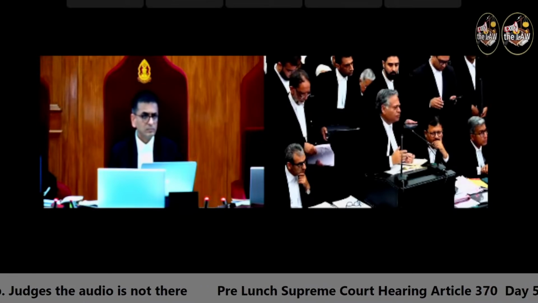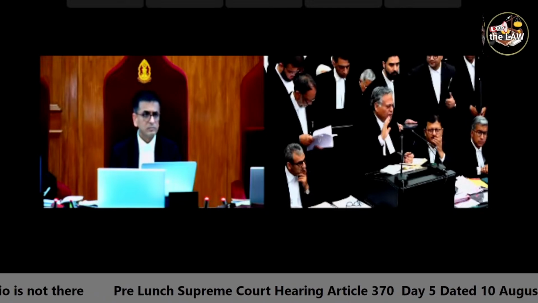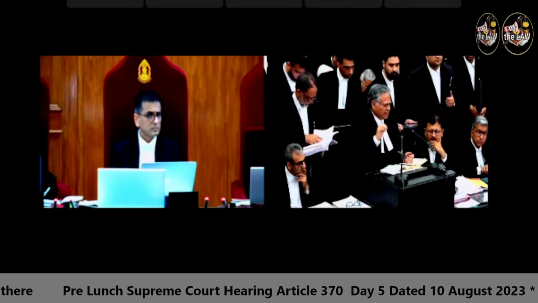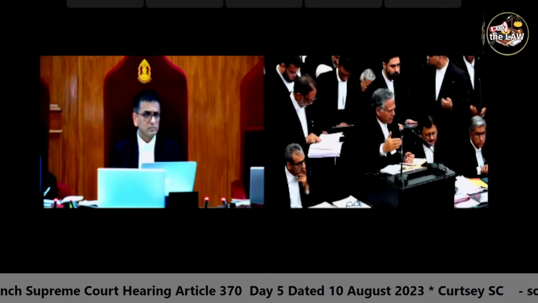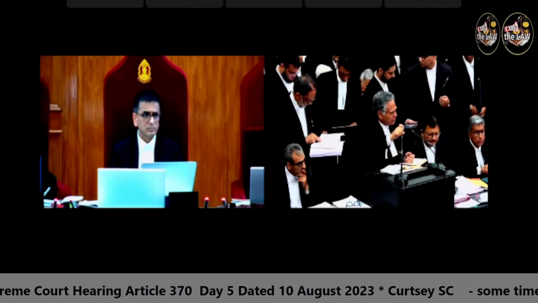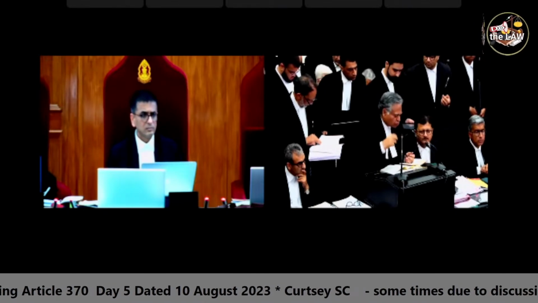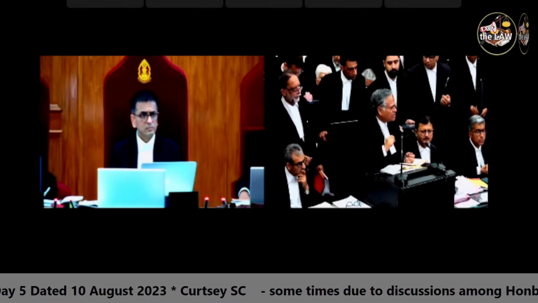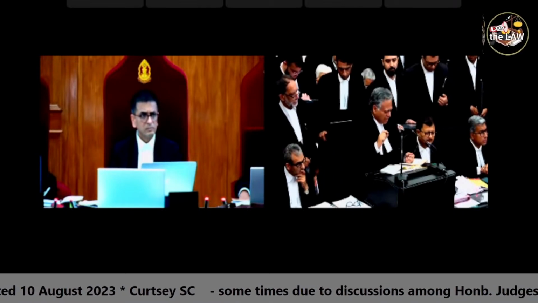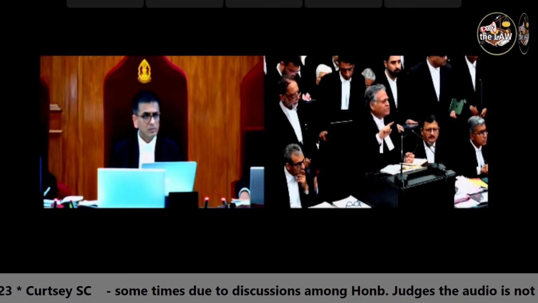The example which my lords gave was that there could be constitutional provisions with regard to other state legislatures, that Parliament cannot make law with regard to that state legislature. Those limitations can be in the Constitution. But looking to Article 370, when it says concurrence of the government of the state, I am claiming it as a right of the state that my concurrence is needed.